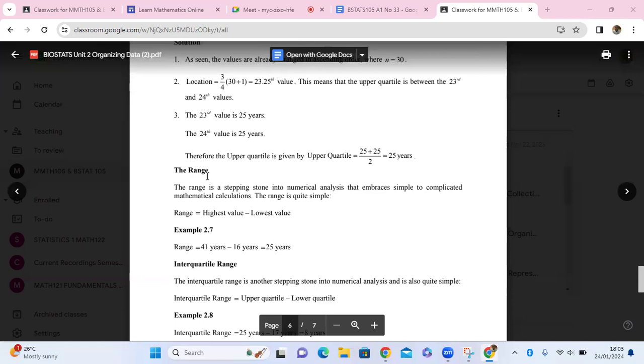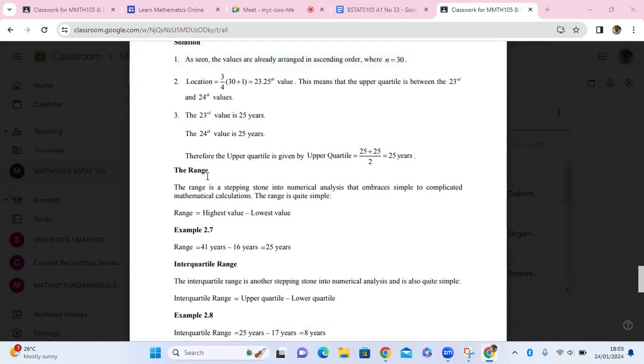The range is a statistic. It's a number that we are going to calculate, just like how we calculated the lower quartile, the median, and the upper quartile. All three of them are descriptive measures, numbers to describe the data set. When you calculate the lower quartile, you start talking about the data set. 25% of the values are below the lower quartile, 50% are below the median, and 75% are below the upper quartile.